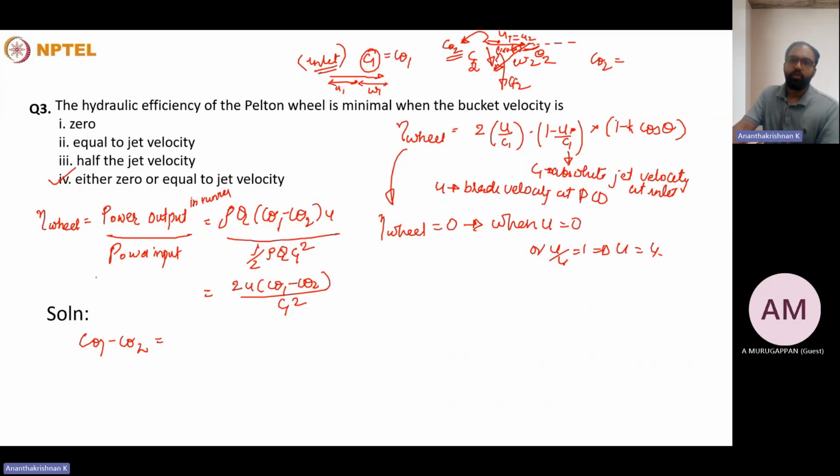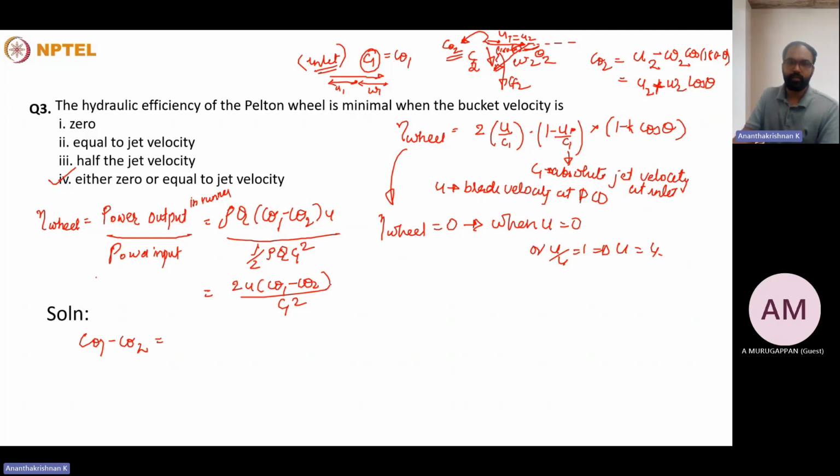So we can write C theta 2 as the change in the velocities. It will be equal to U2 minus W2 into cos 180 minus theta, from the velocity triangle at the outlet. So it will be equal to U2 minus W2 cos theta. Cos 180 minus theta will be cos theta itself. Beg your pardon, it will be minus cos theta.